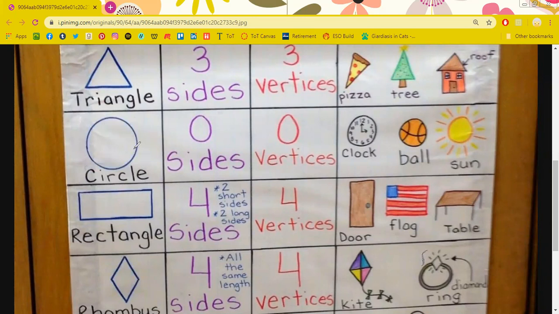So circles are special because they have 0 sides and 0 vertices or corners. You might think of a clock, a ball, the sun. Lots of circles, tires on a car, maybe your pet's water bowl, maybe a pie that you're going to eat for dessert.